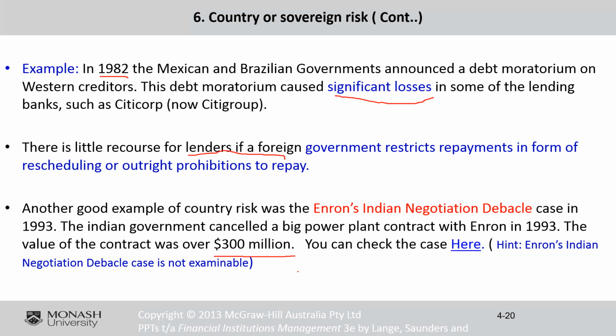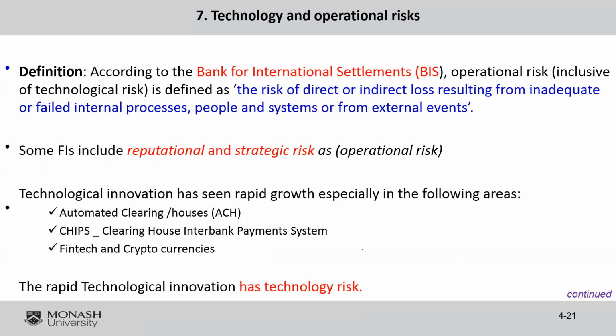Now, if Enron was a borrower from any other bank in the U.S. to carry this project of the power plants in India, then actually the banks who were also providing the financing would be under these losses. Now, let me go to the next one, which is technology and operational risk. Just to make it simple, technology is everywhere, and this technology is very progressive. And when we talk about banking, we can see all those systems.